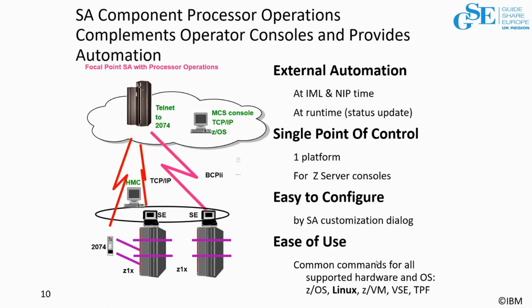That gives you a single point of control for all your Z servers. ProcOps is easy to configure because it's done through the System Automation ISPF customization dialog. And it's easy to use because again, you don't need to remember commands, you don't need to remember the syntax, you don't need to remember the parameters. It's all coded into the policy.